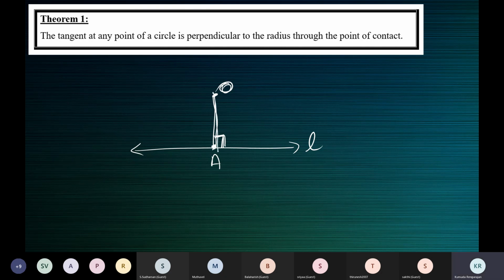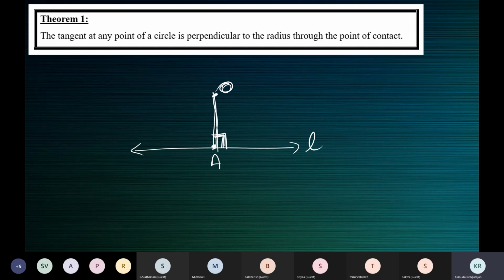If I say OA is the shortest route, then it's perpendicular to L. If I say OA is the shortest distance between O and L, then it's a perpendicular distance. If I say OA is the perpendicular distance between O and L, then it is the shortest distance.